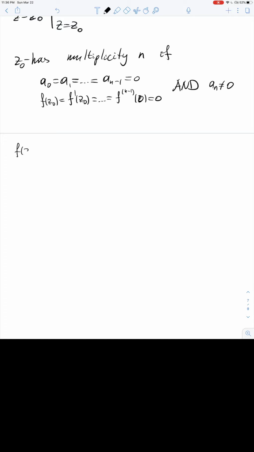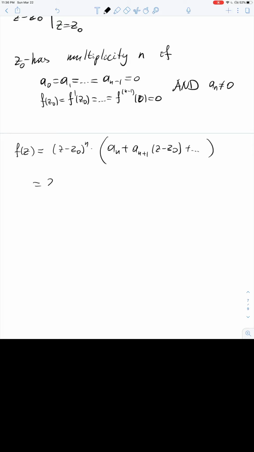So this means that we can do our trick again. Before, in the Laurent series, for the pole, we factored out 1 divided by z minus z0 to the power m. Now I can factor out z minus z0 to the power n, and what will be left is an plus an plus 1 times z minus z0 plus so on.